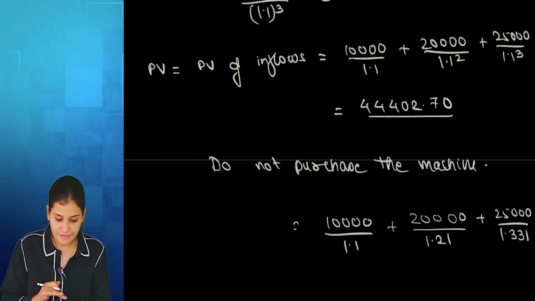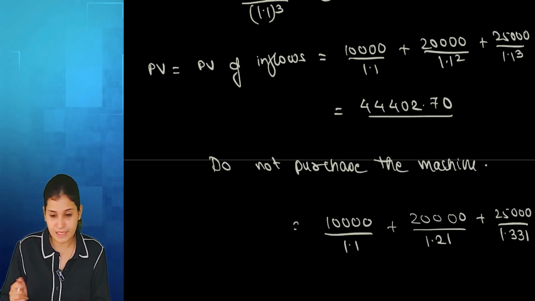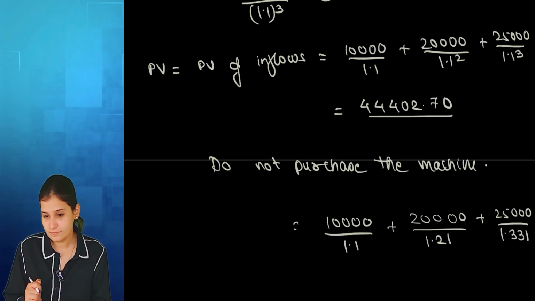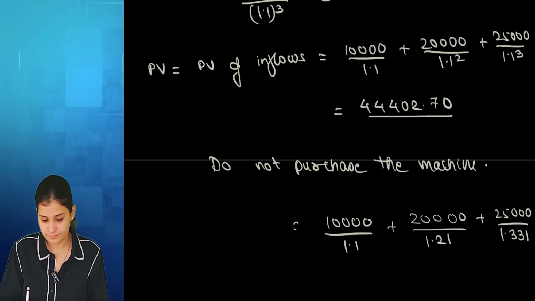Now 25,000 divided by 1.331 M plus 20,000 divided by 1.21 M plus 10,000 divided by 1.1 equal. Now press addition MRC equal. Got it? Everybody else?